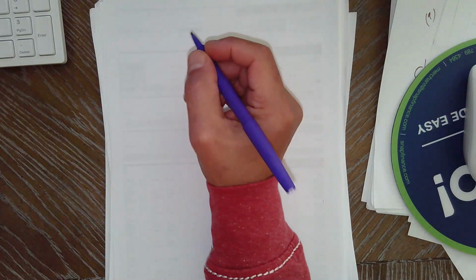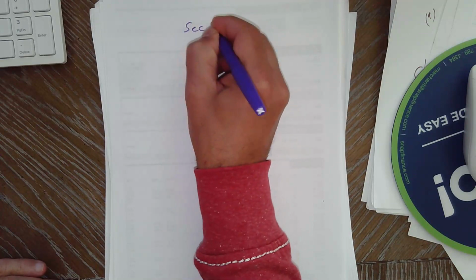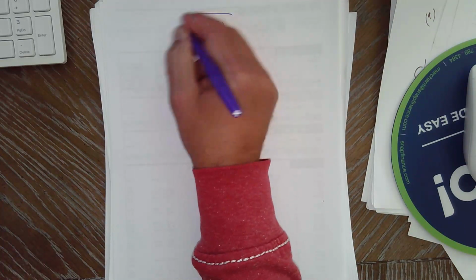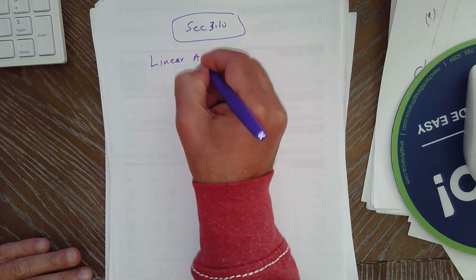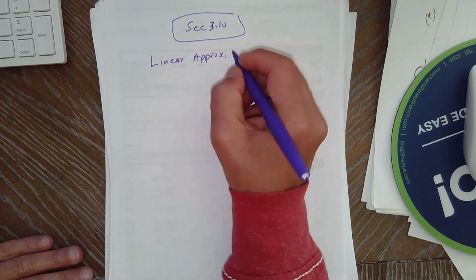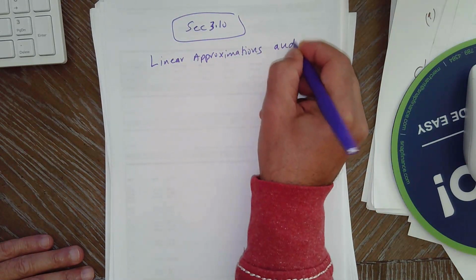Okay, so after finishing section 3.9 related rates, now we're going to talk about something totally different in 3.10, linear approximations and differentials.